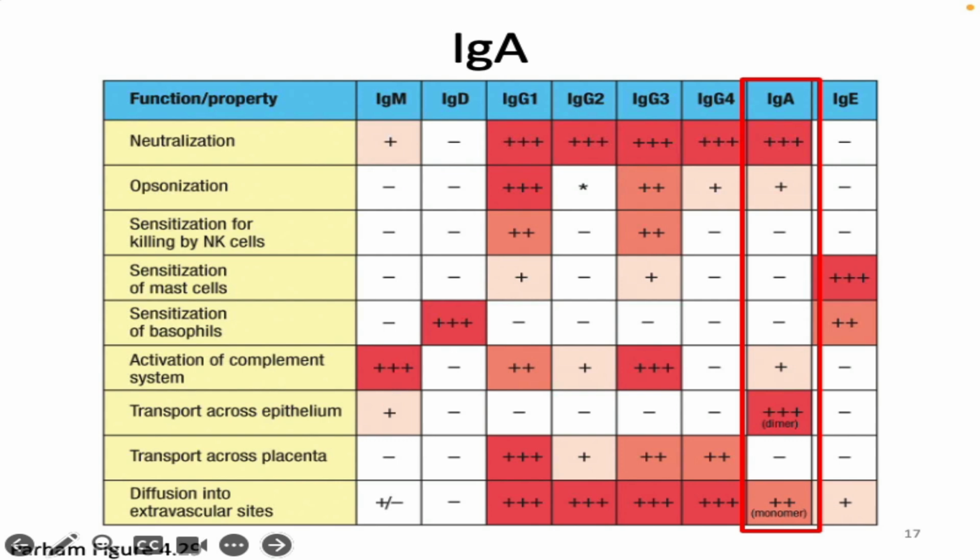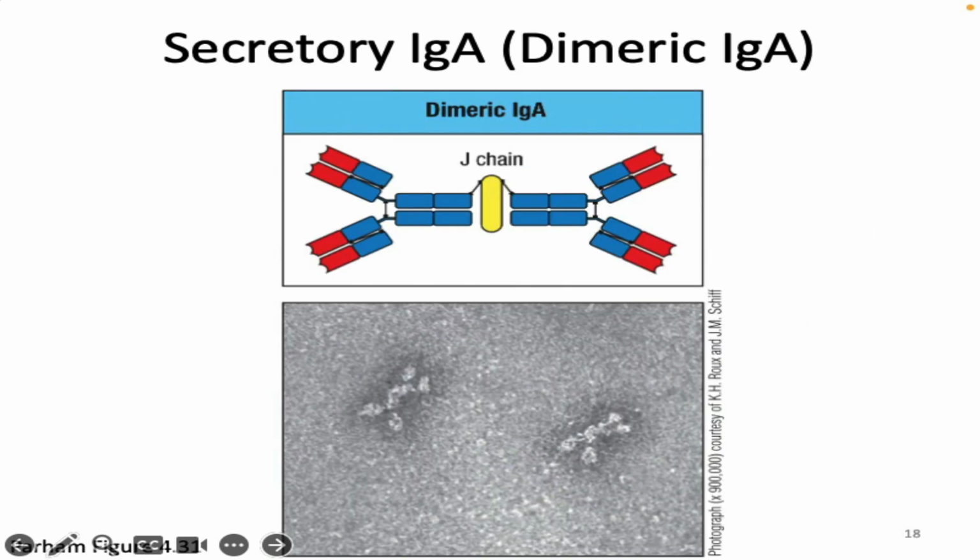And IgA can sometimes be found, again, if you asked me, I would be like, this is how IgA always is. And Steph would be like, sometimes, not always. As something called a dimer, something called secretory IgA, which is formed as a dimer. And so here you can see we've got two IgA molecules held together by another protein called the J chain.